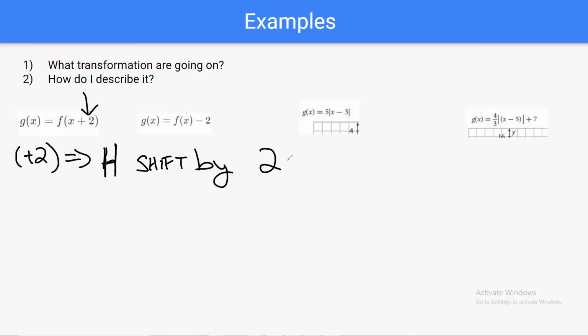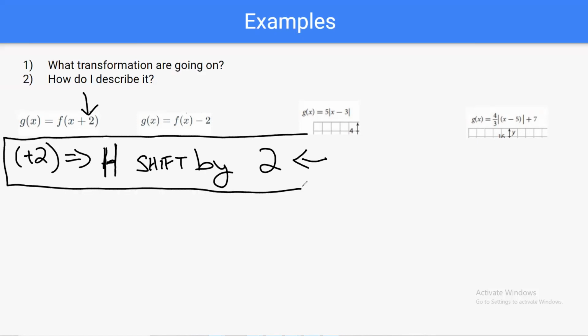Which way? Up, down, left, right. To the left. Remember, you've got to think opposite, right? Since it's a plus 2, you think to the right, but no, it's to the left. Think opposite. Switch your thinking. Okay? Cool. That's what we're looking for, right? That's what we're doing.